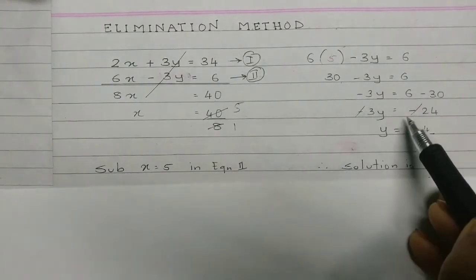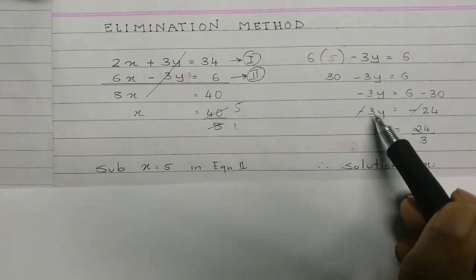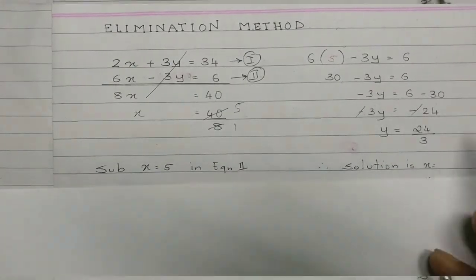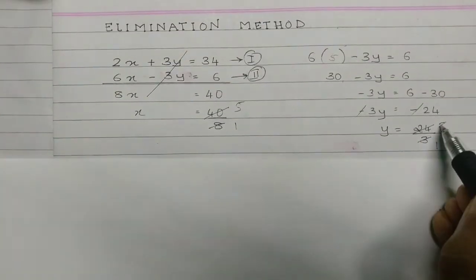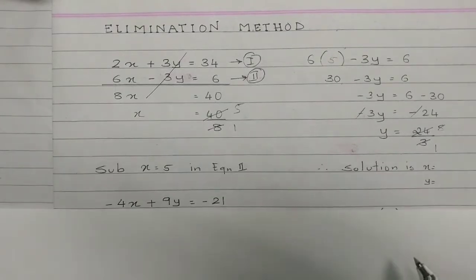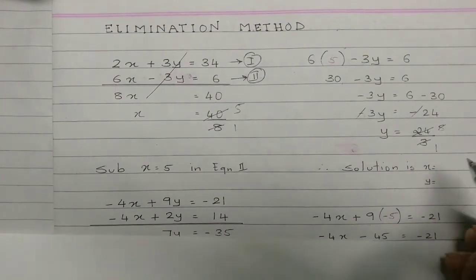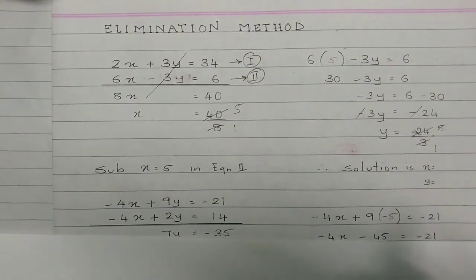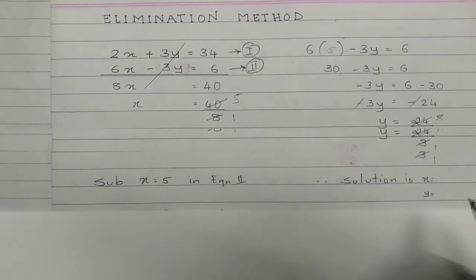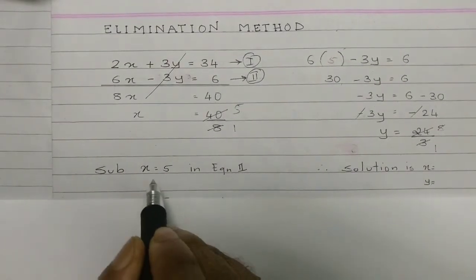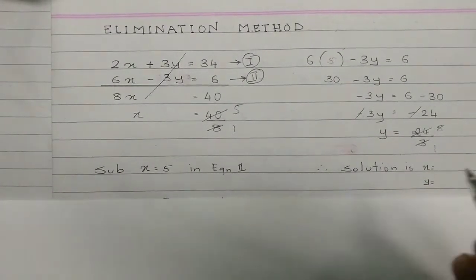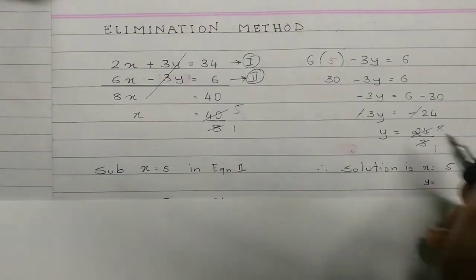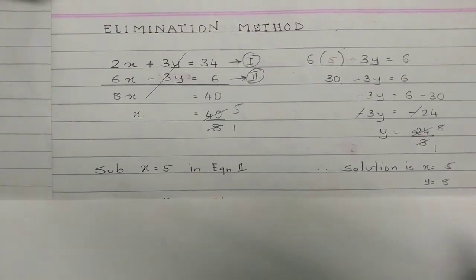This minus sign gets cancelled. The 3 that is multiplied goes on the other side and gets divided, and 3 eights are 24. So my value of y is 8. All I have to do now is write the value. So my solution is x is equal to 5 and y is equal to 8.